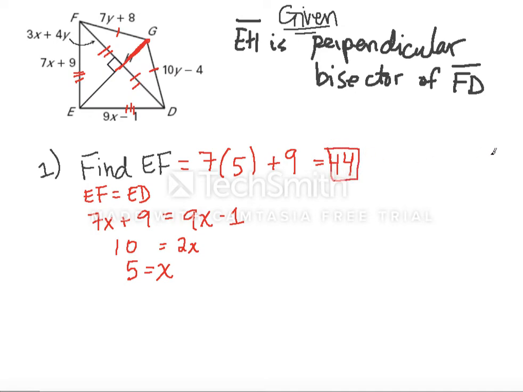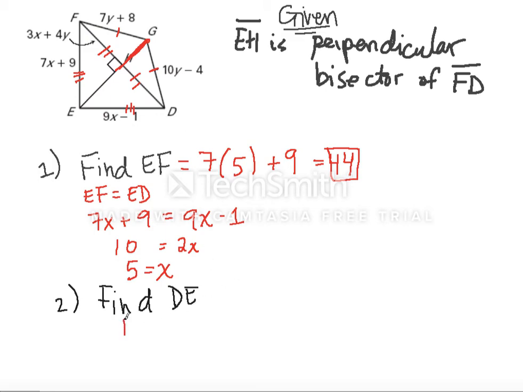Now, let's say I ask you to do something a little bit different. Let's say I ask for the length of DE. And this shouldn't be difficult either. Well, from what we know before, DE from the picture is equal to EF.